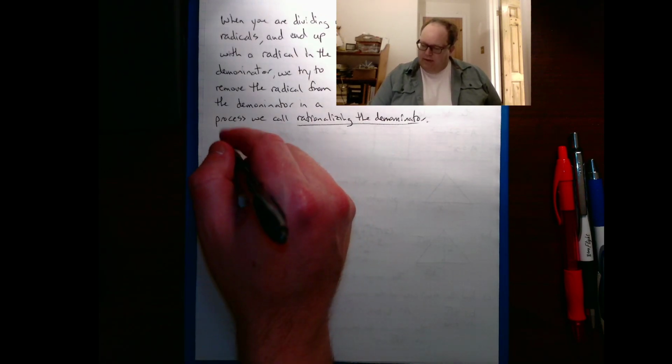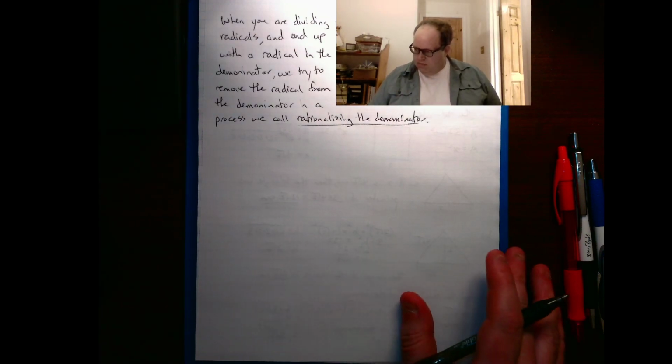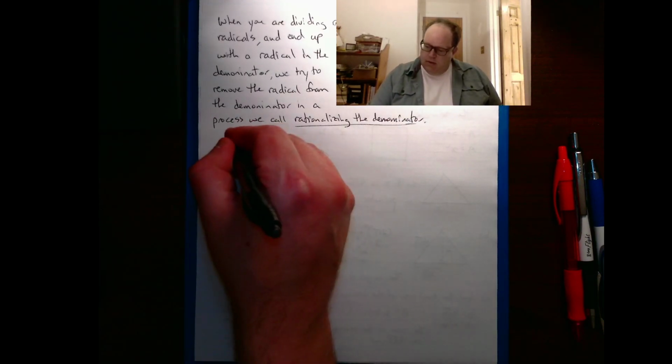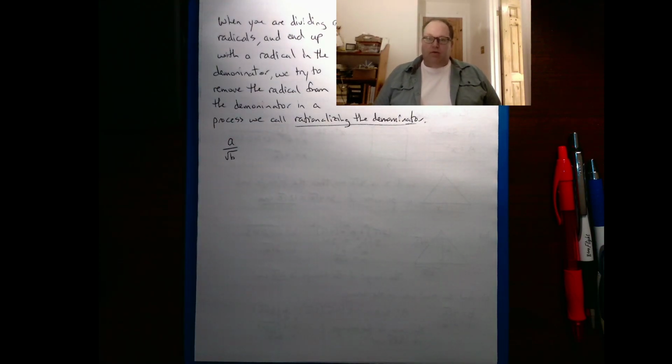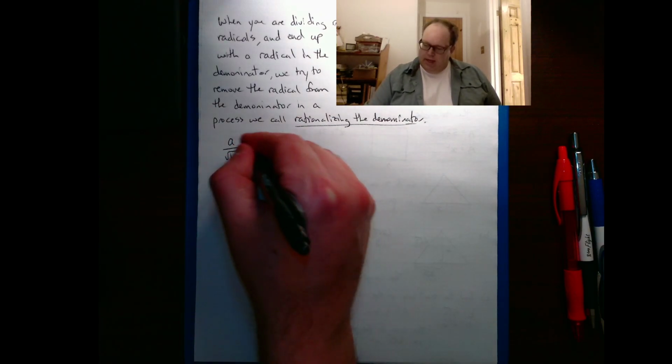Let's say I've got a over root b. I don't want that root b there. But conveniently, thanks to our work with algebra, I can multiply this fraction by anything I want as long as it equals 1. Meaning I could multiply it by root b over root b.